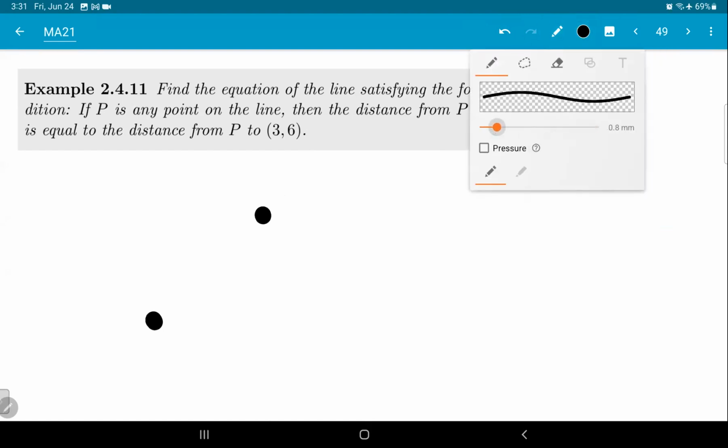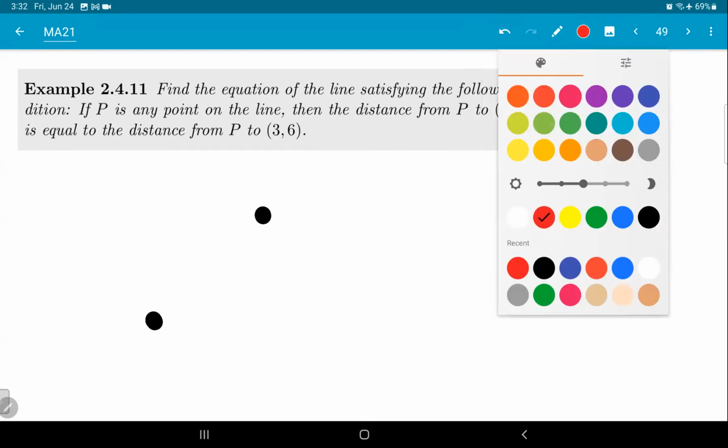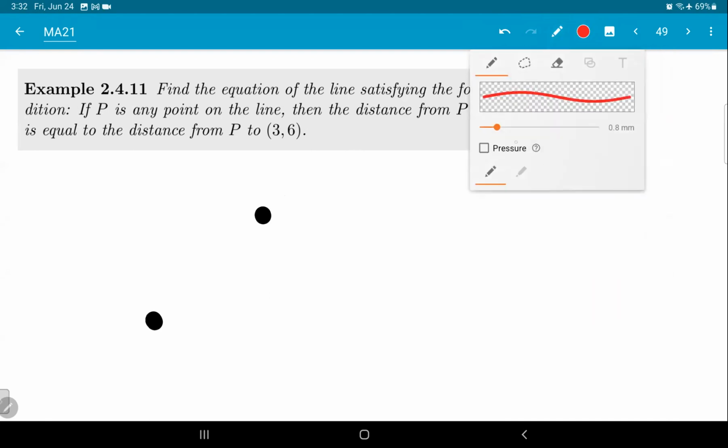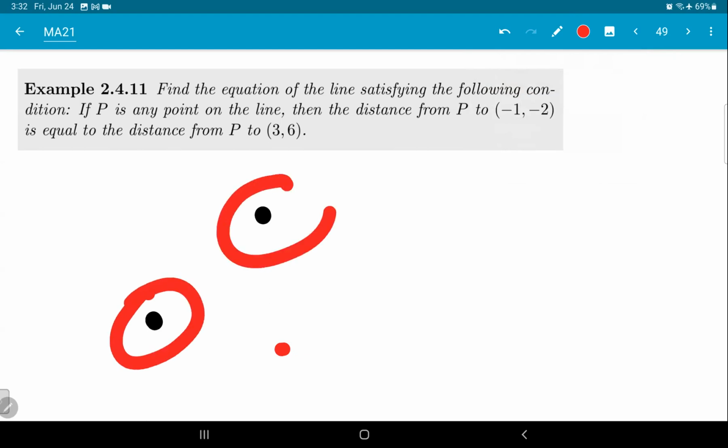We want to find a point, or actually the set of all points with the following property. If this point is on that set of points, then the distance of this point from either point is the same.